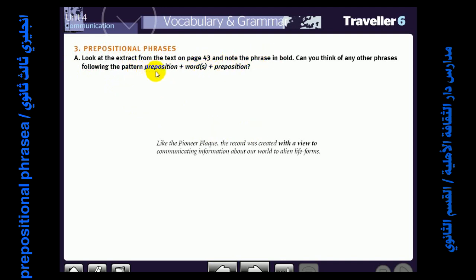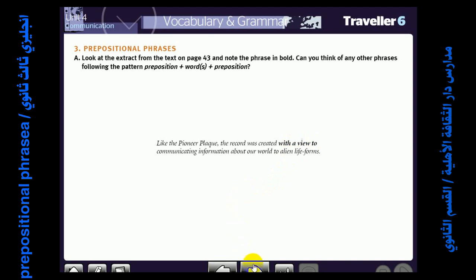Here you can see preposition plus noun plus preposition, which means حرف جر, the word الكلمة, preposition حرف جر. For example, here look at the pioneer plate. The record was created with a view to: with, preposition; a view, noun; and then to.